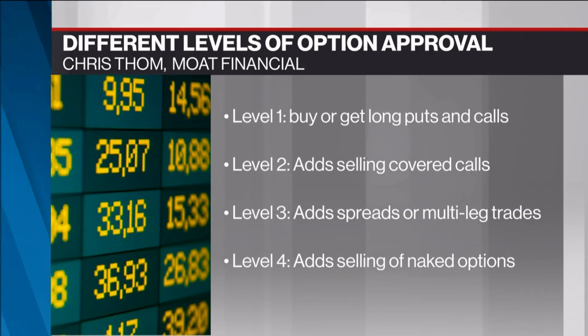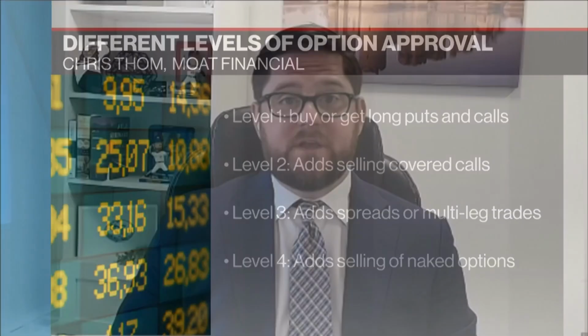That's your income generation. It's worth noting that level 2 is the highest level that you can be approved for in registered accounts. So if you want to be implementing some option strategies in a TFSA or an RRSP or a RIF or any other registered account, level 2 is where your permissions get capped.